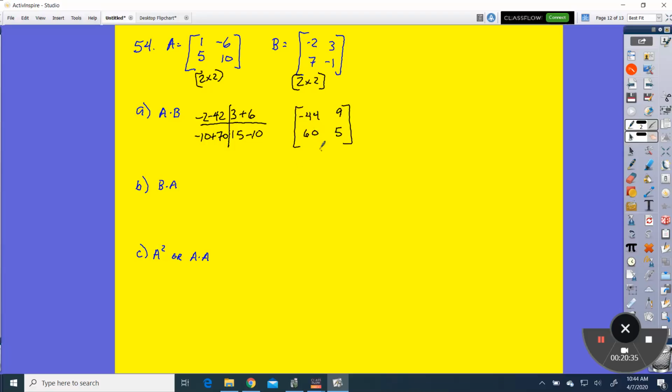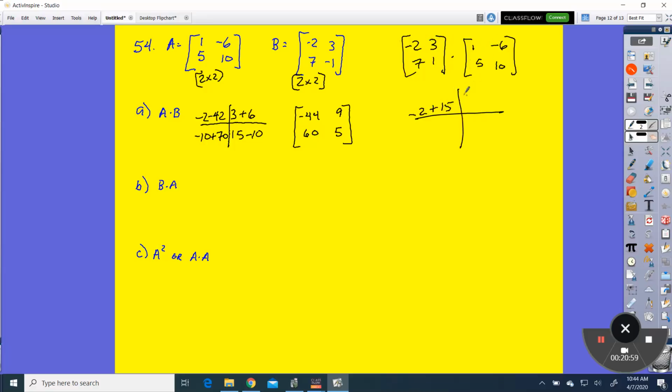Okay. Now B times A. So that's actually going to be this one first. And A is this. They are not the same answer because we are going this row now to this column. So negative 2 times 1 is negative 2. 3 times 5 is 15.